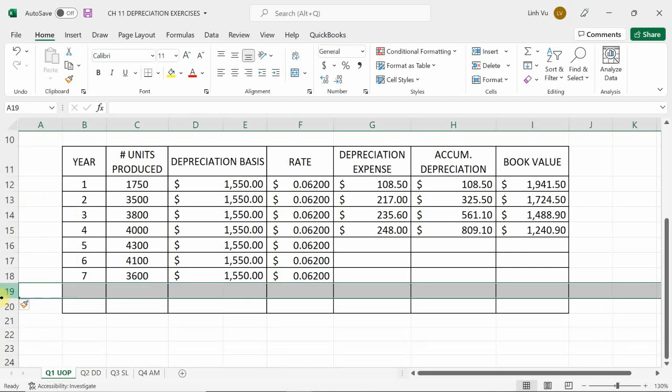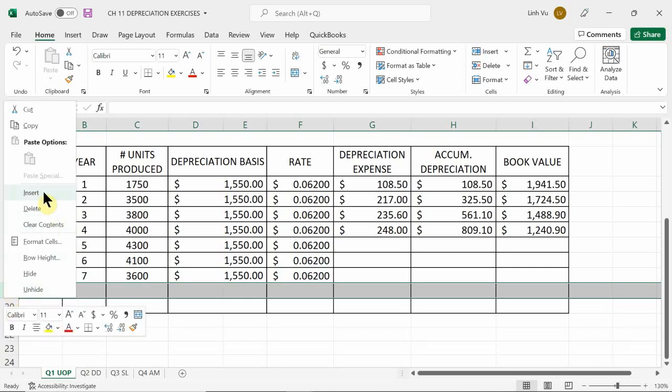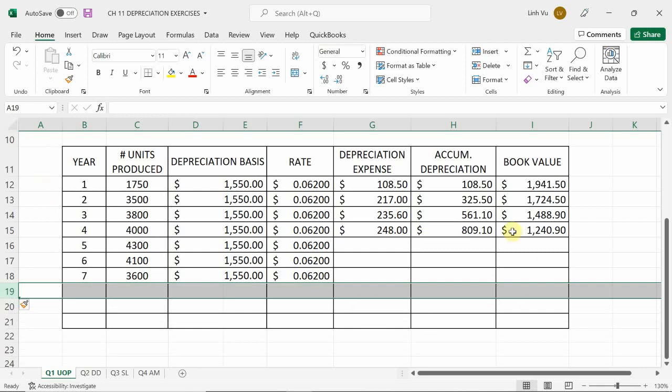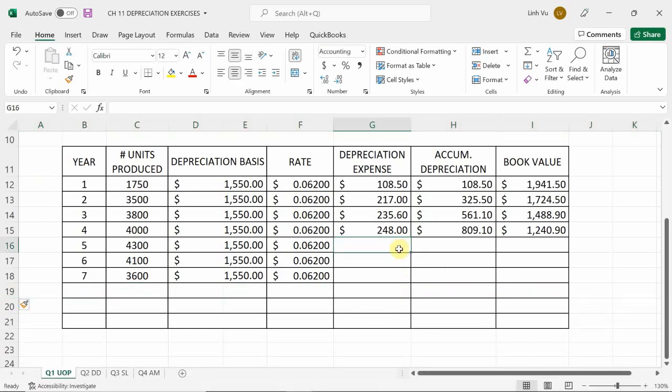Okay. So now we are 4,300 by 0.06200. I got 266.6.